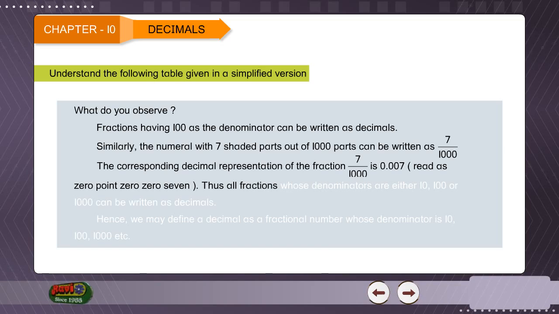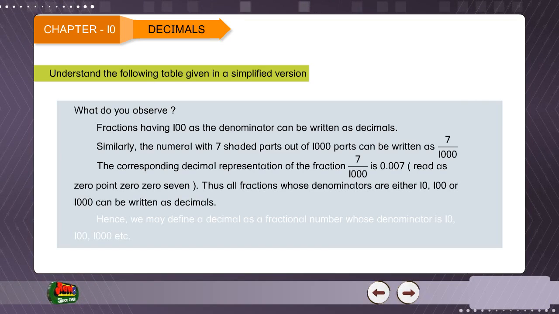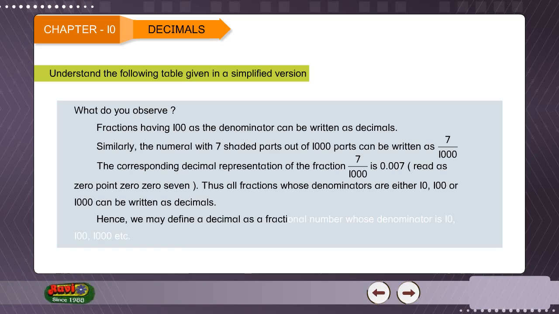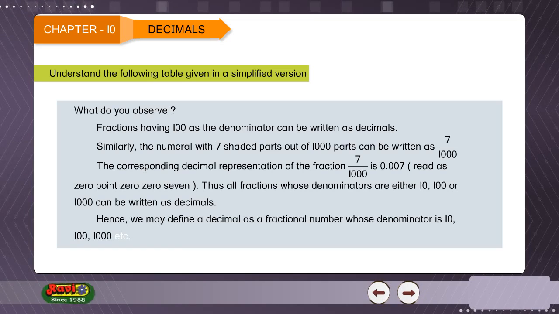Thus, all fractions whose denominators are either 10, 100 or 1000 can be written as decimals. Hence, we may define a decimal as a fractional number whose denominator is 10, 100, 1000, etc.